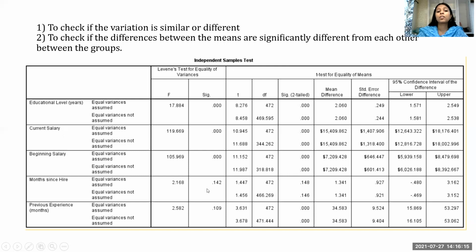But if your p-value, the significance value, is greater than 0.05, in this case, we will see equal variances assumed, which means the null hypothesis, which states that the homogeneity of variance between the groups is similar, is the same. There is no difference. So therefore, we will see equal variances assumed. So this is how we will be looking at Levene's test for equality of variances.